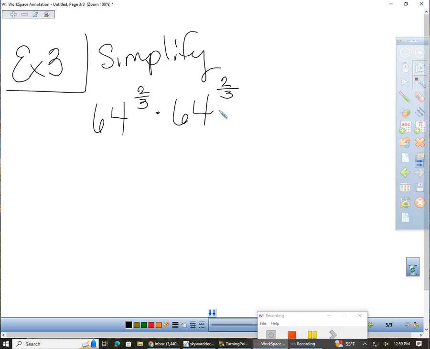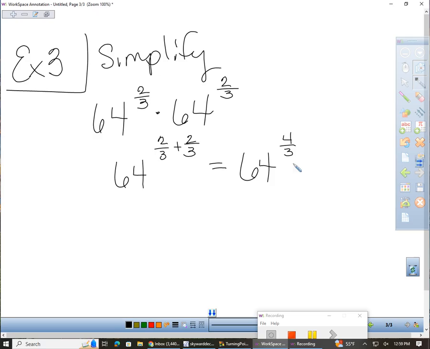They do have the same base, so we can add our exponents, can't we? Okay, so that means I'm going to have 64 to the 2/3 plus 2/3, or 64 to the 4/3.